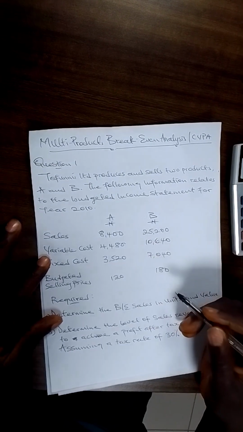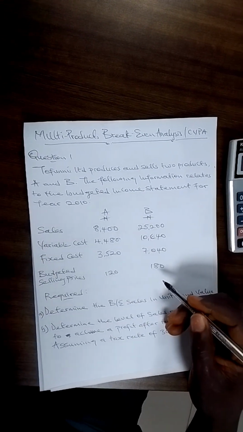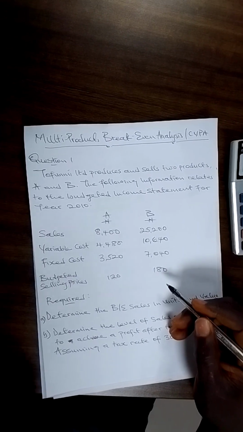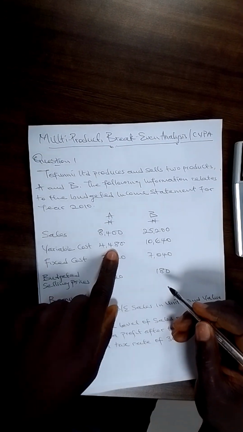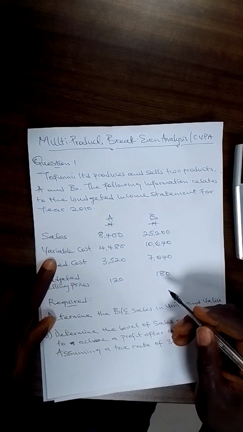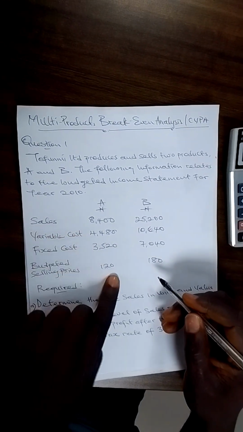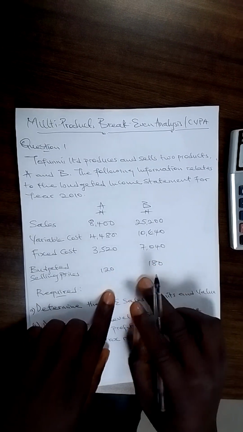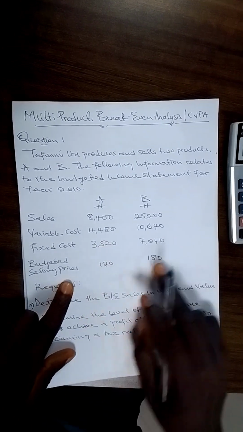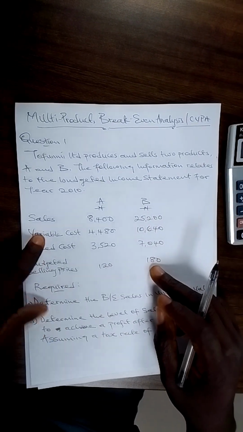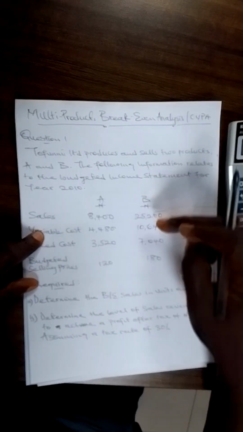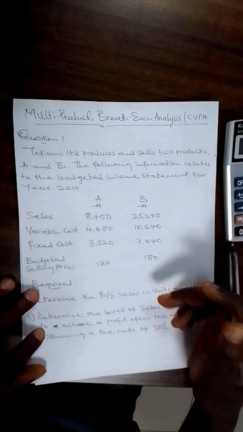So we need to determine the variable cost per unit. We only have the total, so we have to calculate it. We have the selling price per unit for A, and B has also been given. But the variable cost for A and B are yet to be determined.